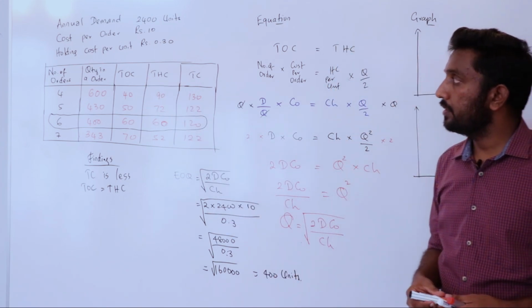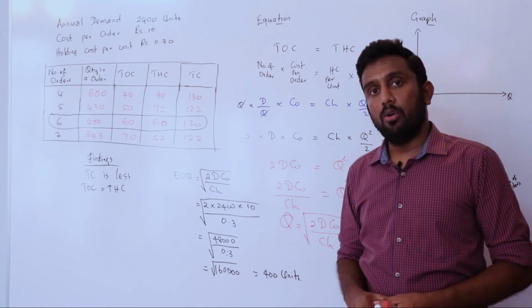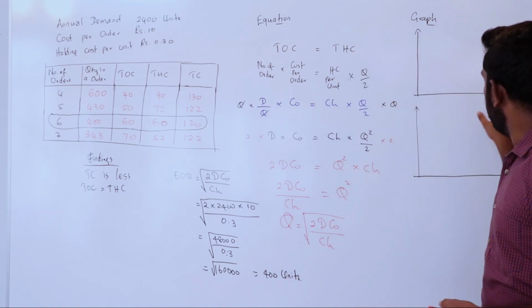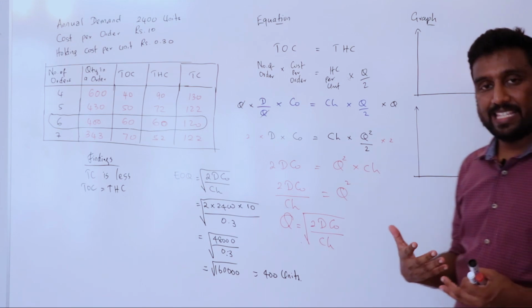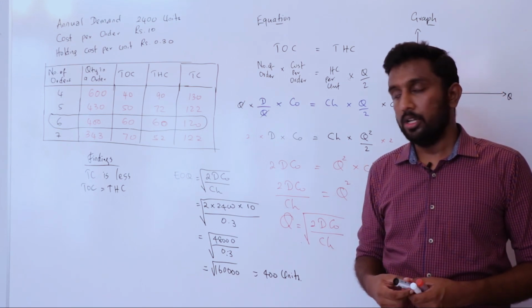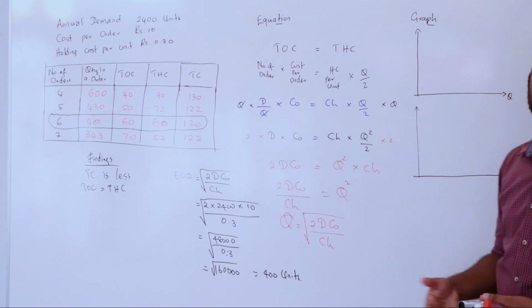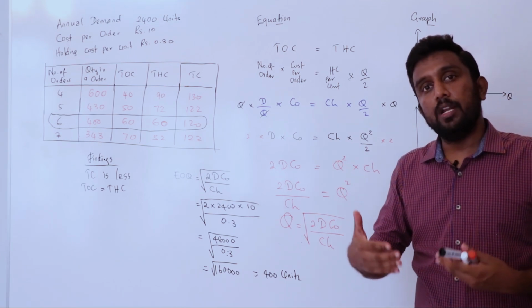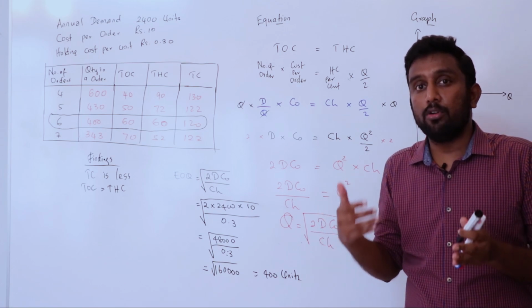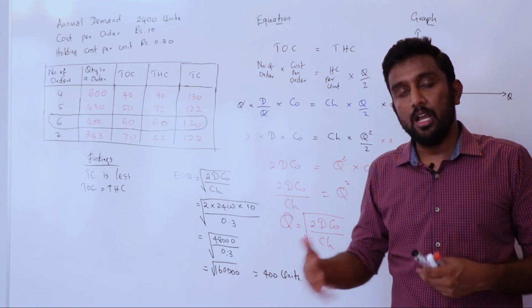So I have to draw the total ordering cost and total holding cost lines. Q means the number of units in each order. So if Q increases, the number of units in each order increases, what will increase?